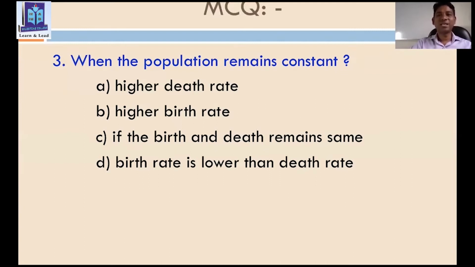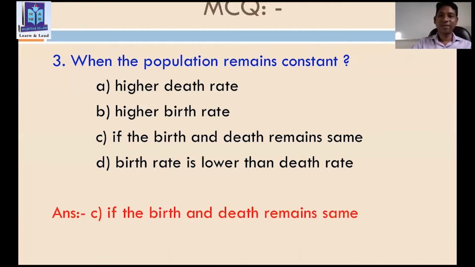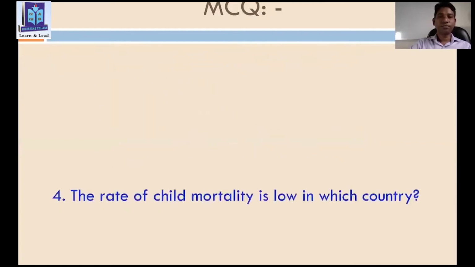Who can say the answer? Okay, very good. Answer is C, right? If the birth and death rates remain the same, then the population remains constant. Thank you very much.